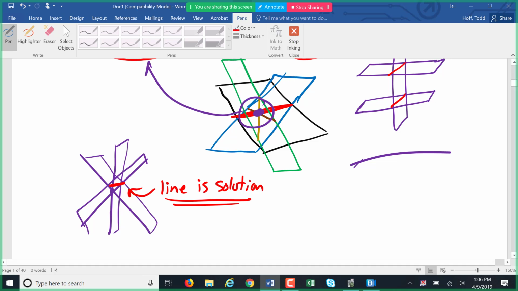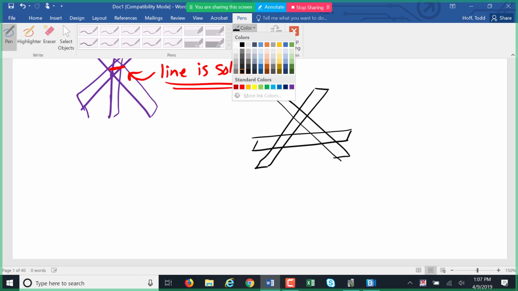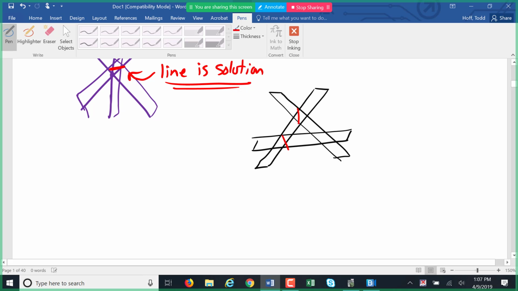The planes could intersect like this in three separate lines, basically forming like a triangular tunnel. If you looked at it from the end, it would look something like this.